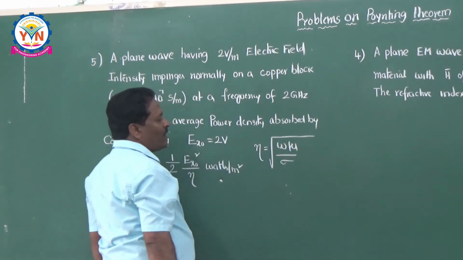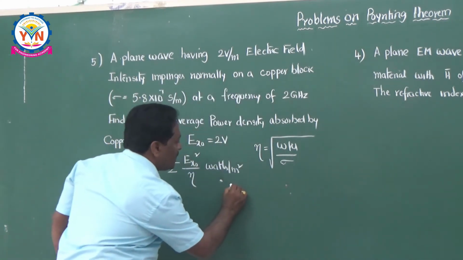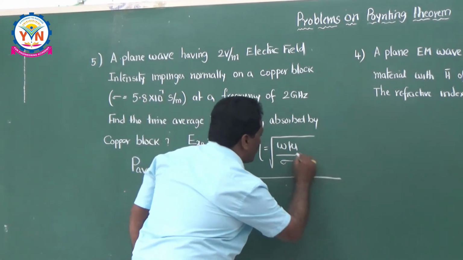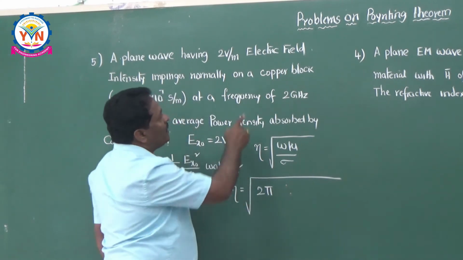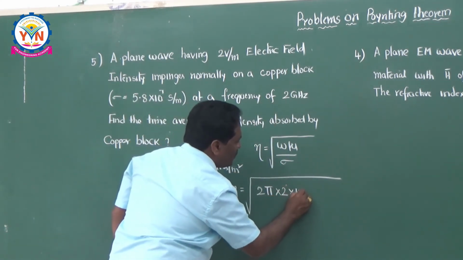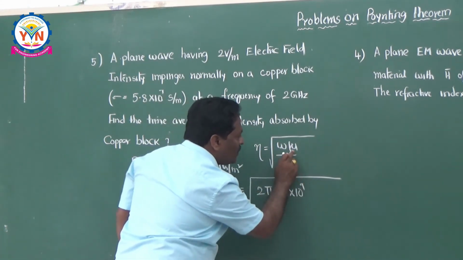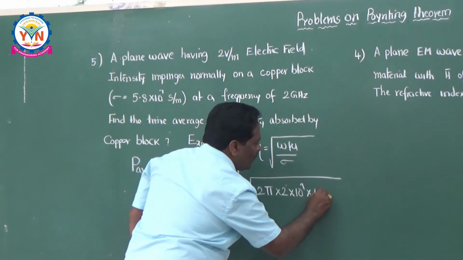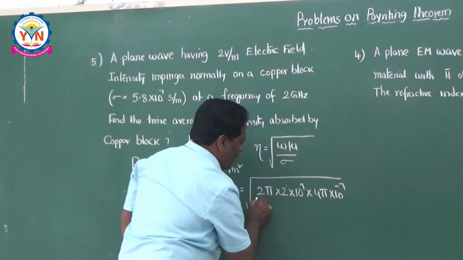Just substitute the values here, you are going to get eta is equal to root of omega, 2 pi f. 2 pi f means he has given 2 gigahertz, into 2, into giga means 10 to the power of 9, into mu is equal to mu naught into mu r is equal to 1. So therefore mu naught is equal to 4 pi into 10 to the power of minus 7, by sigma.